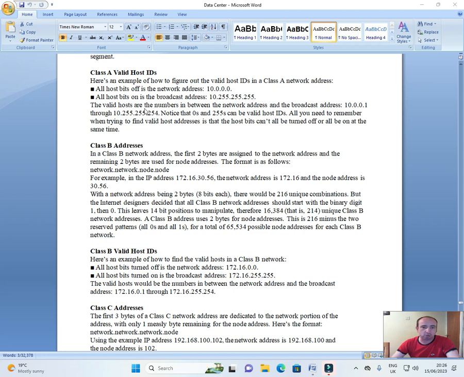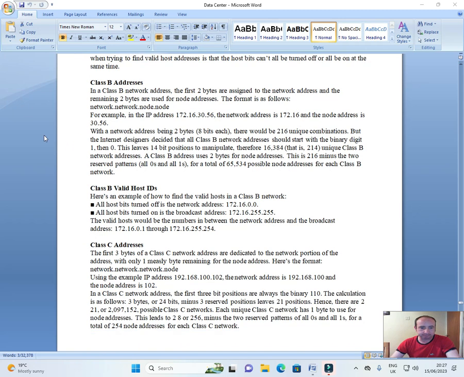The valid hosts are the numbers in between the network address and the broadcast address, 10.0.0.1 through 10.255.255.254. Notice that zeros and 255s can be valid host IDs. All you need to remember when trying to find valid host addresses is that the host bits can't all be turned off or all be on at the same time.